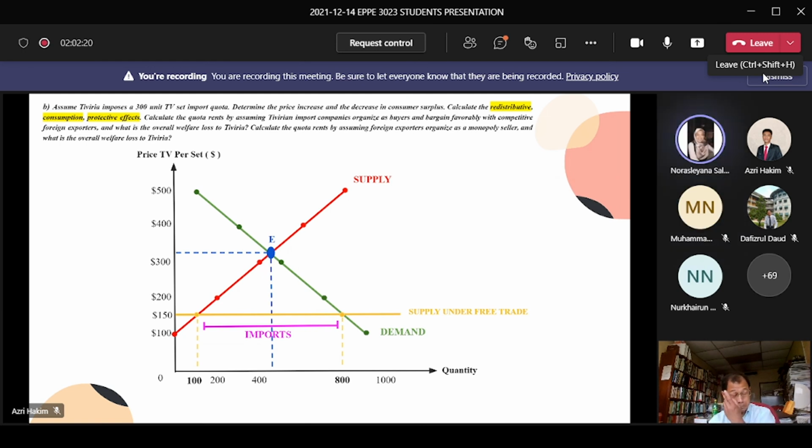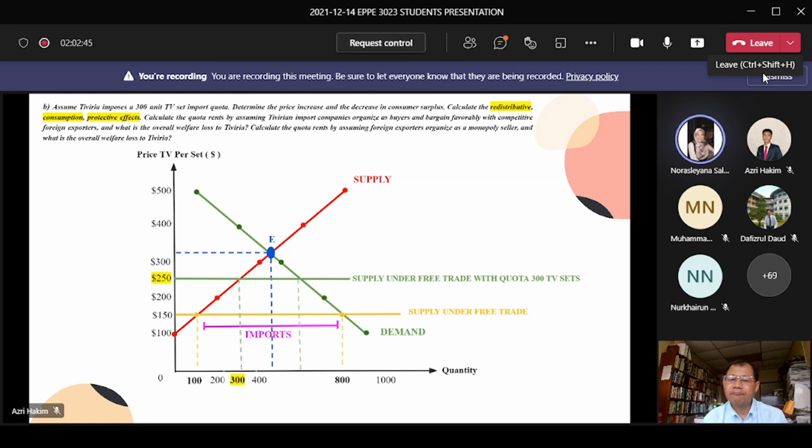So for question B, this graph shows the effect of a quota on TVRA's supply and demand. If TVRA imposes a quota of 300 units, the supply under free trade with a quota of 300 TV sets will increase the price from 150 to 250, with quantity supplied 300 units and quantity demanded 600 units.